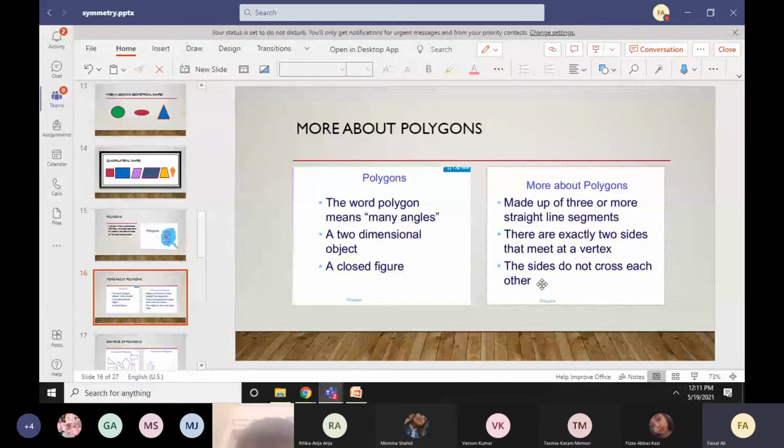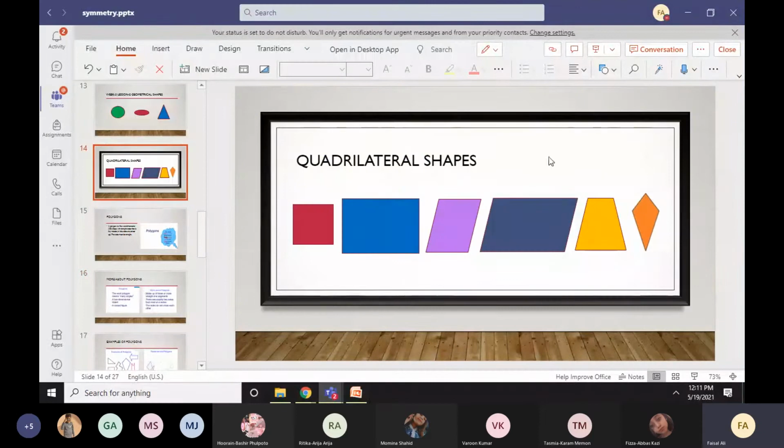By using straight lines we can make polygons, and polygons are closed figures. Like here I have told you the names of all these shapes. All these shapes are polygons. Why? Because we have used straight lines to make these shapes, and also these shapes are closed, so that's why we are saying these shapes are called polygons.